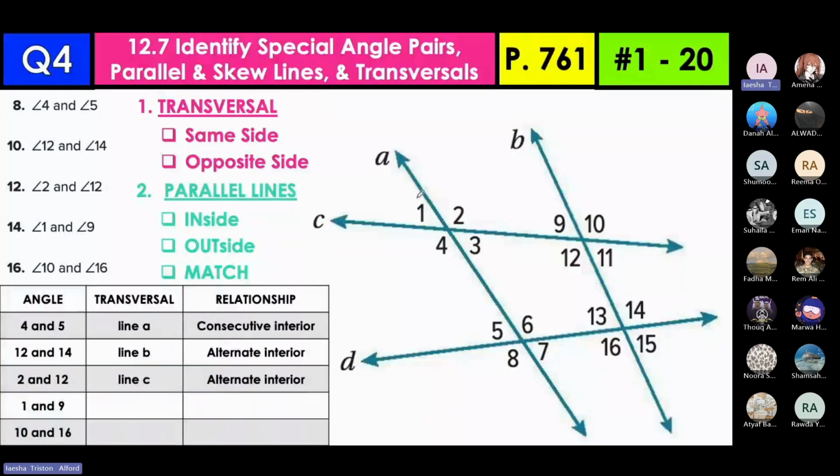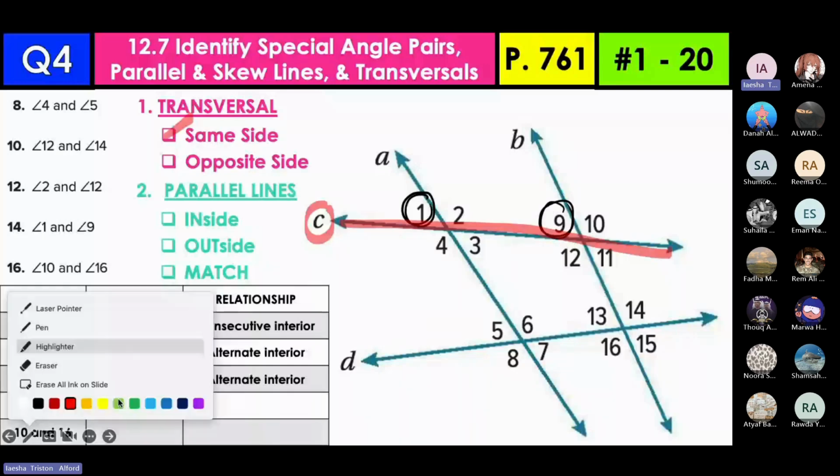We have 1 and 9. Transversal. It's going to be C. Touches both angles, so line C is the transversal. 1 and 9 are on the same side. What is the parallel lines?